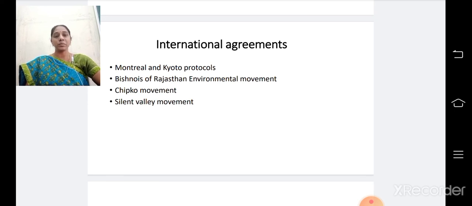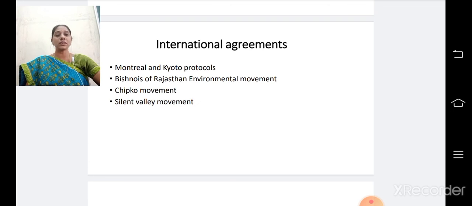Next, the Silent Valley movement. Silent Valley is present in Kerala state. One project came to construct a hydroelectricity project. But because of that, Silent Valley might lose a lot of forest area.